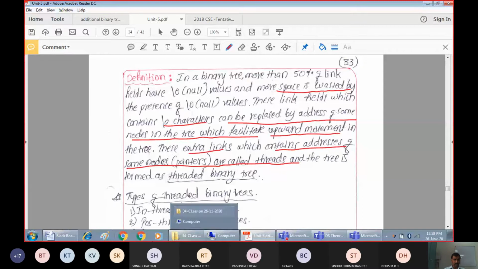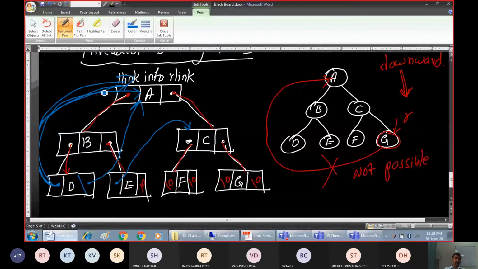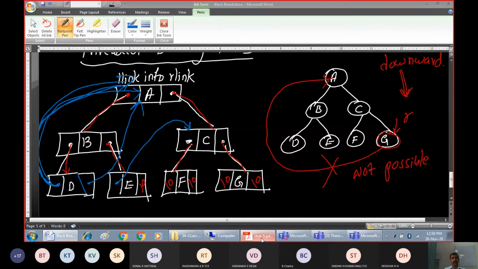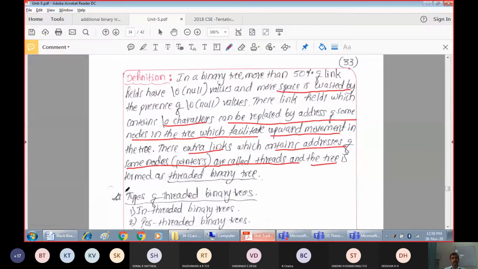These links I have shown in blue color are called threads, and the tree is termed a threaded binary tree.